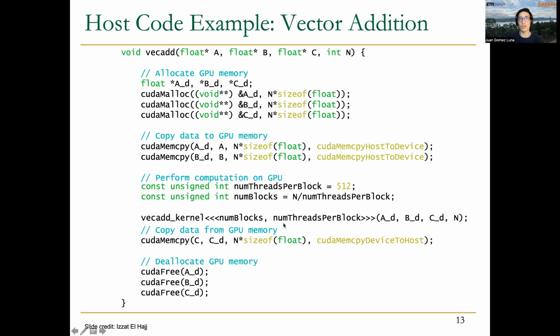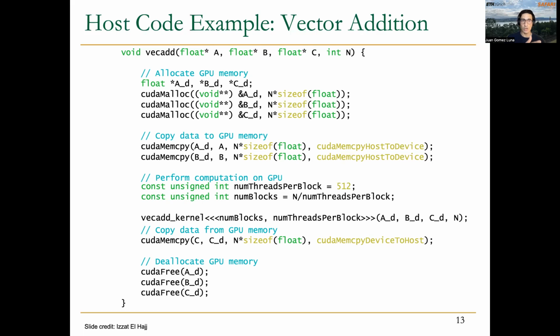When the execution of the kernel terminates, we copy results from the GPU memory to the CPU memory, or from the device to host, and we can finish our program by freeing or deallocating any memory array that was allocated in GPU memory.